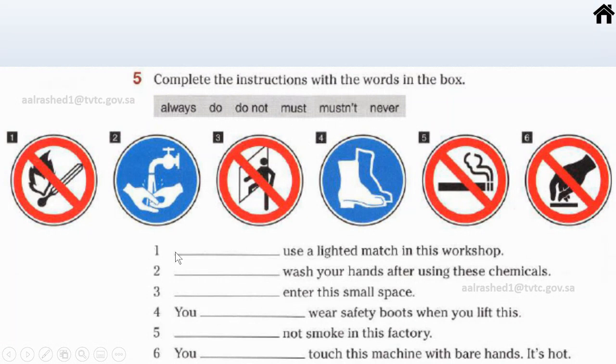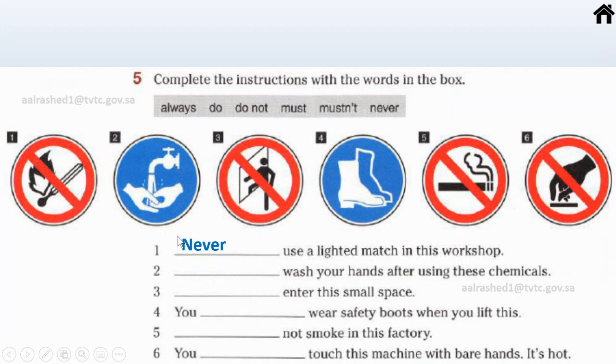For number 1, based on the sign, we would use one of these in the appropriate blank. For example, number 1, this is a negative thing. Use a lighted match. This is a lighted match. Where? In the workshop. So this sign tells you what? Never use a lighted match in this workshop.